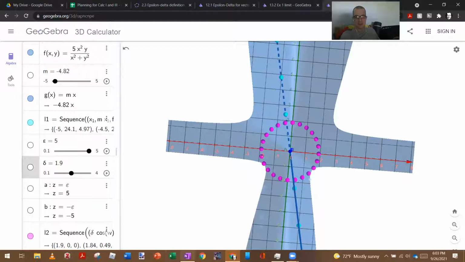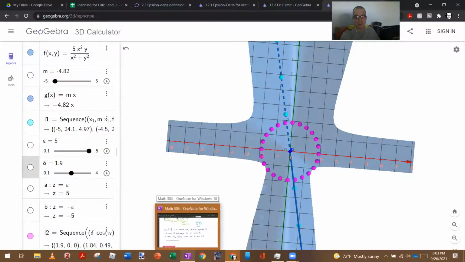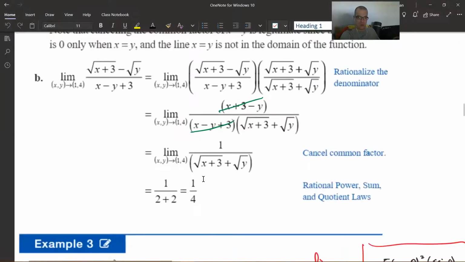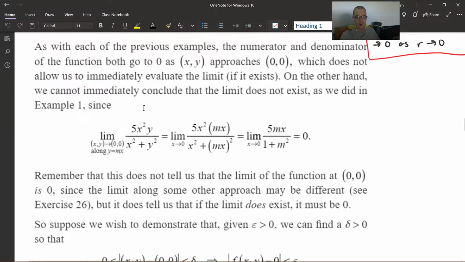And what this work that we just looked at shows us is that when we make the substitution y equals mx, and we track as x goes to 0 along that path, the z value goes to 0.